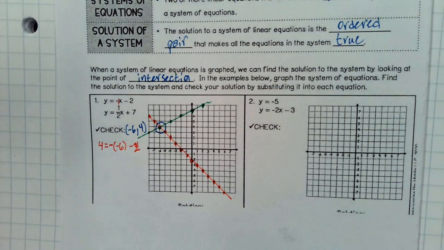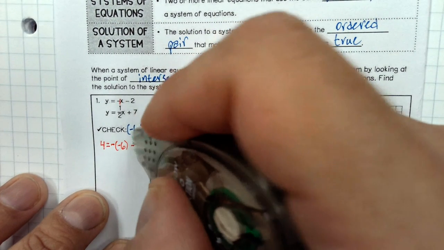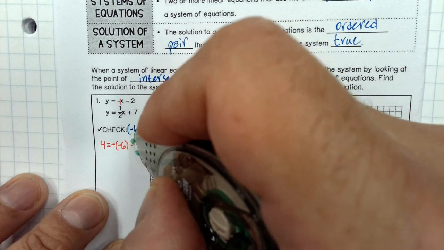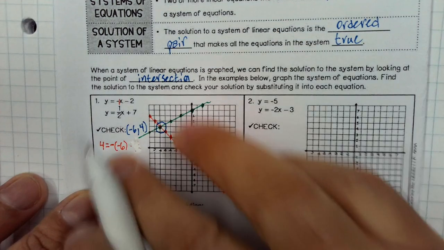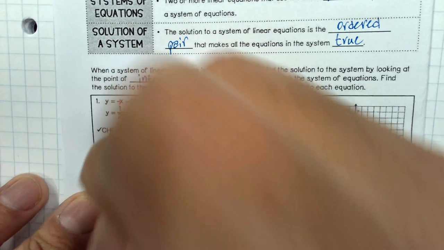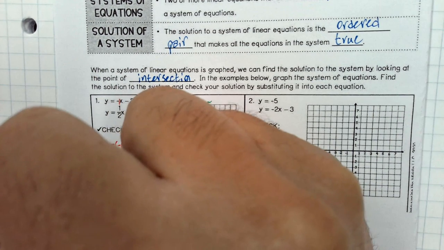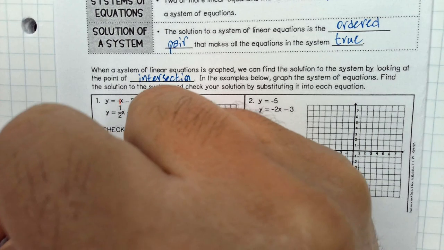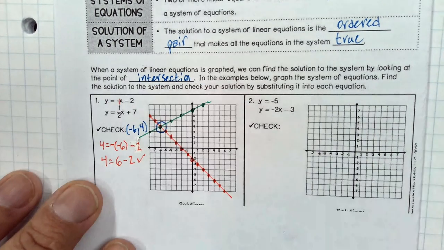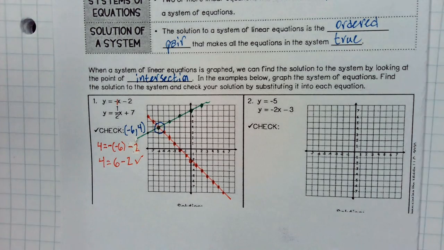I don't know why I put that. It's -2, not -4. Let me fix that real quick. -2. So 4 equals negative negative 6, which is just 6. Take away 2, which is true. That does make 4. So far, so good.